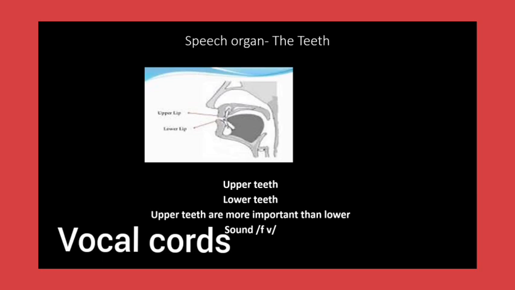But the teeth also create sounds, remember. Some students are surprised to hear me say that the teeth also articulate, produce the sounds. Yes, my friends, the teeth also can produce sound.